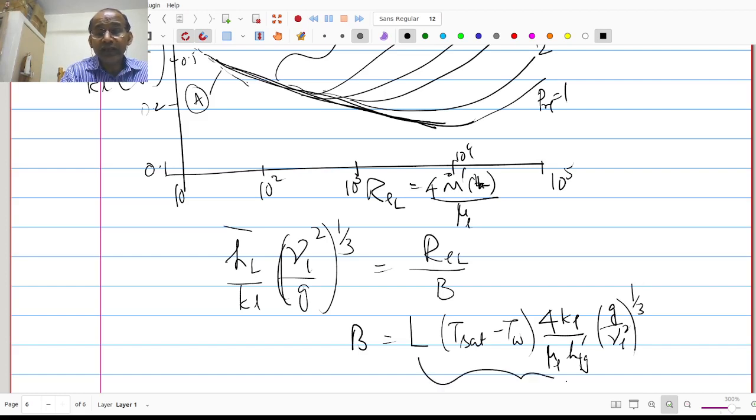You see that all of these numbers are known numbers. So now B can be easily evaluated.